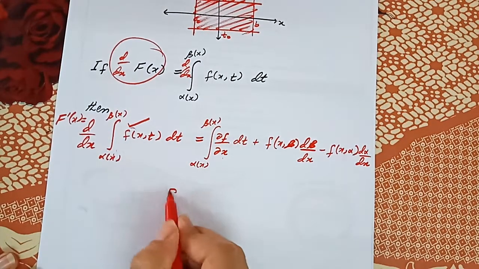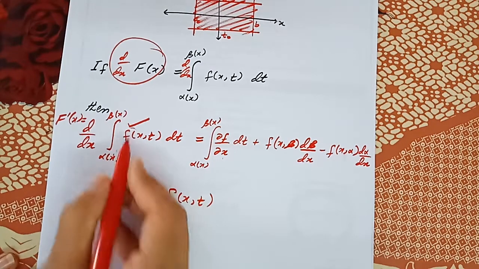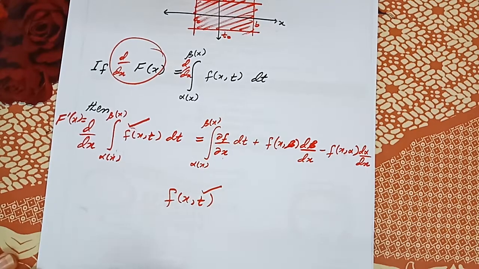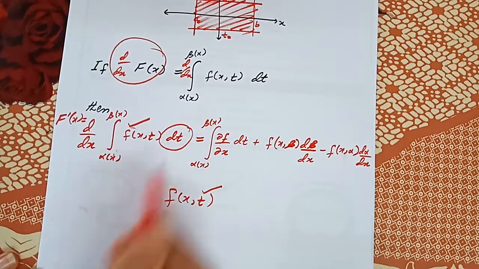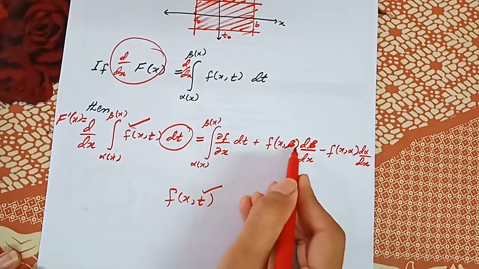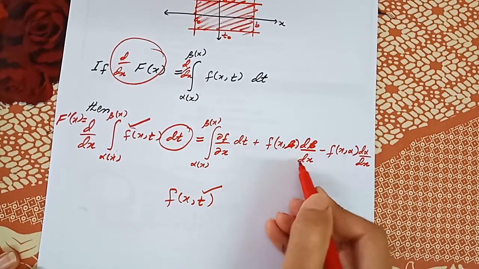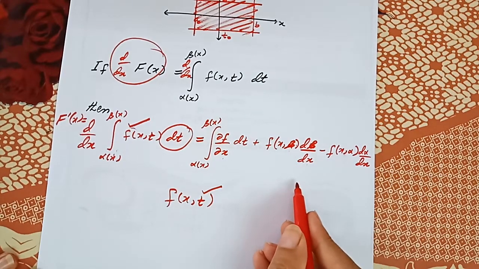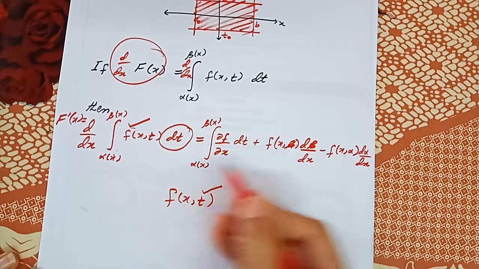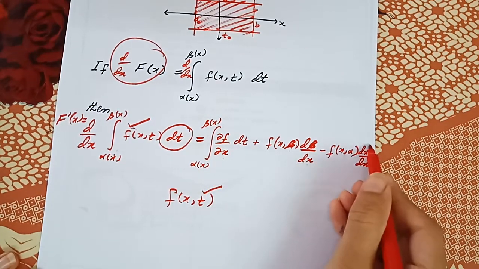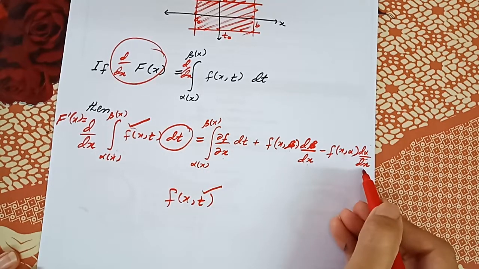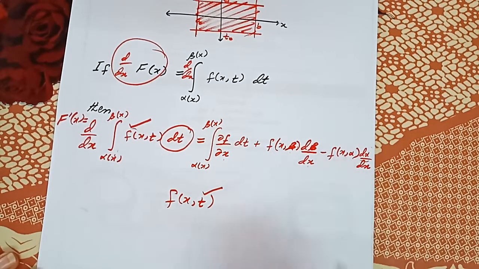Plus, whatever your integrand is, you have to replace your t. You are finding the integration with respect to t, so you have to replace your t first of all with the upper limit of integration, and multiply by the derivative of the upper limit with respect to x. Minus, replace this t with the lower limit of integration, f of x, alpha, and multiply by the derivative of the lower limit with respect to x.